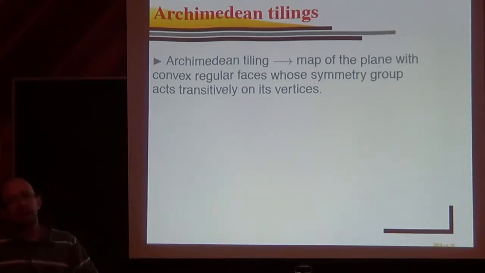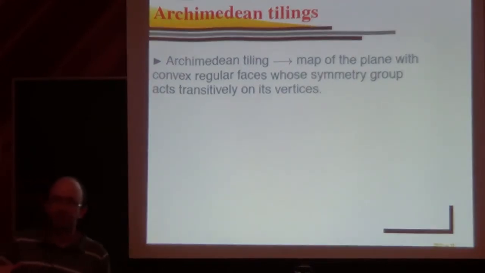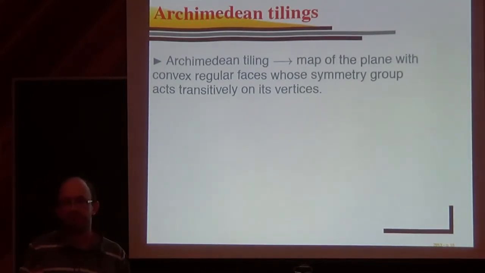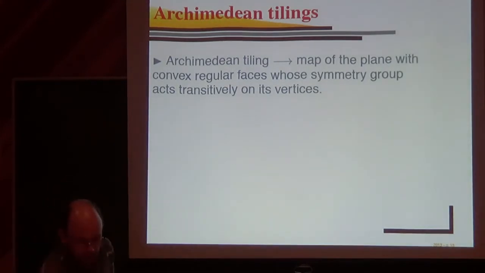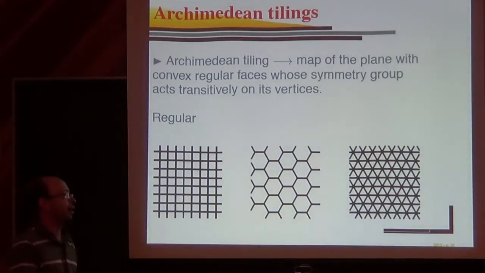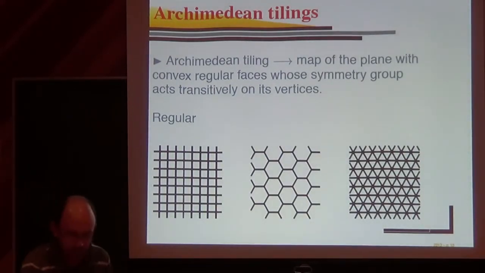They are defined as maps in the plane that have regular convex faces, and the symmetry group acts transitively on the vertices. Any pair of vertices can be mapped one to another by a symmetry. There are 11. Three of them are regular, which are the tessellations by squares, by regular hexagons and equilateral triangles.